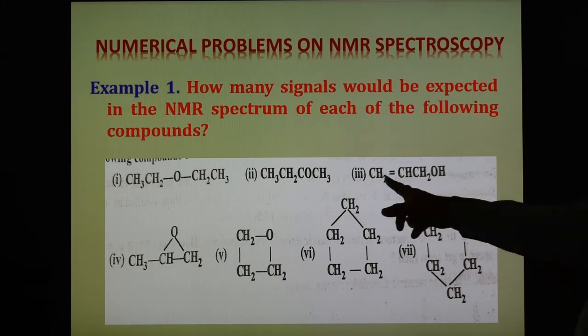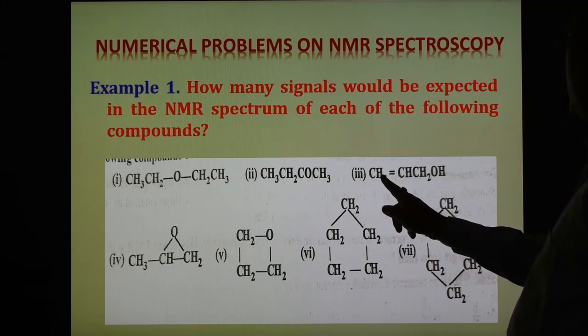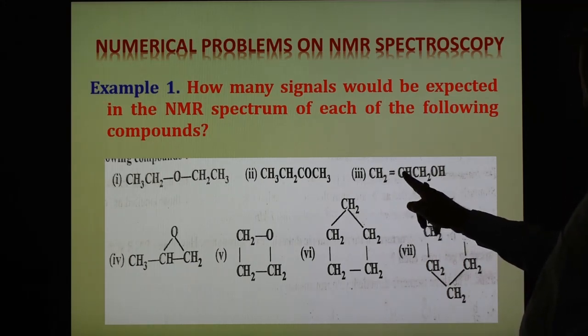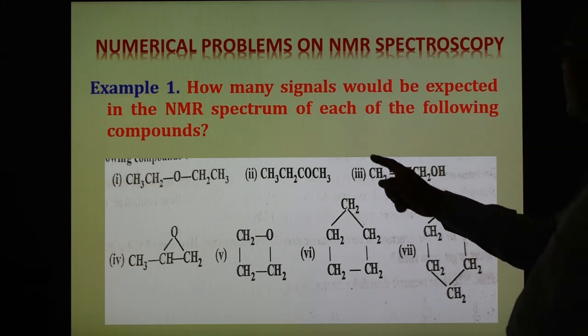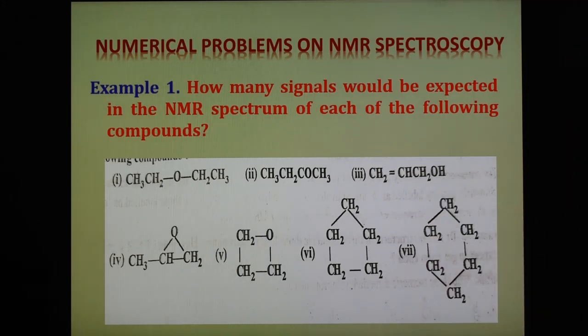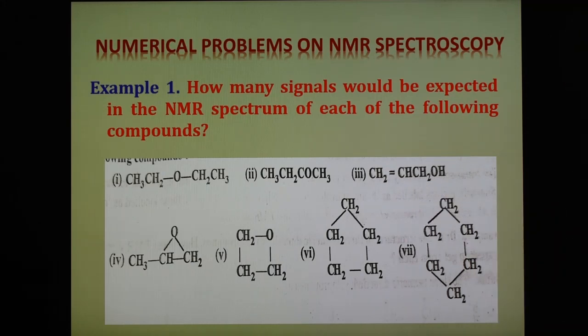Double bond is there, so C is here and 2 hydrogens are here, and in this case CH, and here CH2OH. So there are 5 different types of protons, and because of that they show 5 NMR signals. Here 2 protons are there, but the environments are stereochemically different, and because of that they show these 2 and here 3. So 5 NMR signals are there.